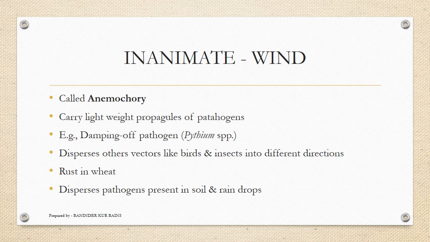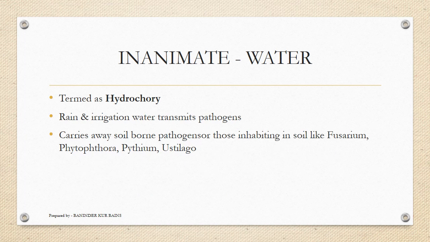For example, rust and weed also travel in air, and when wind is blowing, it can also transmit diseases present in soil and also in the raindrops from one place to another. Then is water. So rainwater as well as irrigation water can also transmit diseases.